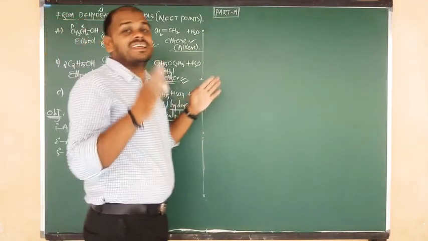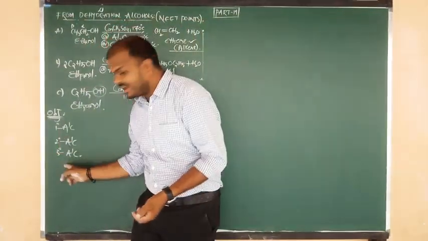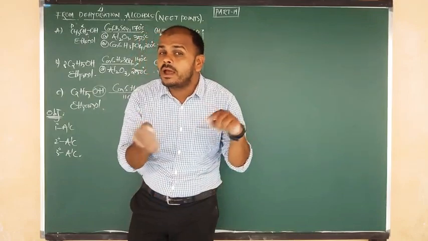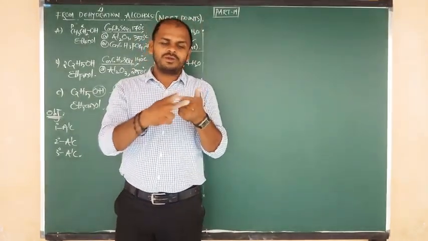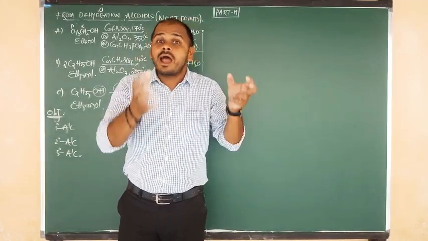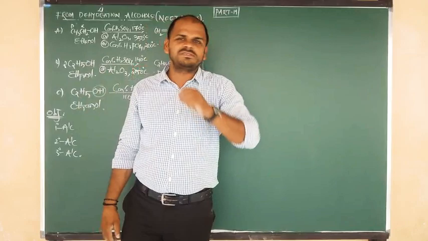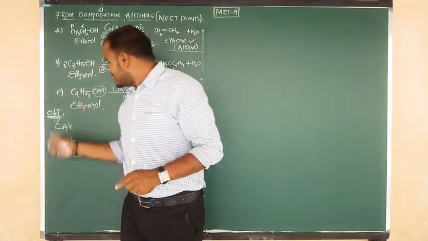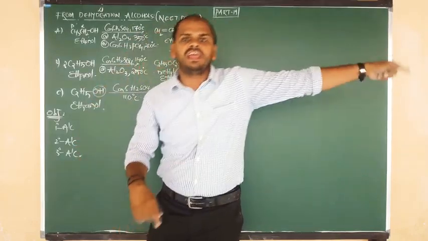All the alcohols undergo dehydration. Yesterday I told you, but among the three, which alcohol usually undergoes dehydration? Tertiary alcohol, due to formation of tertiary carbocation and due to the weaker nature of the CO bond. We have studied it clearly. So which alcohol easily undergoes dehydration or elimination?